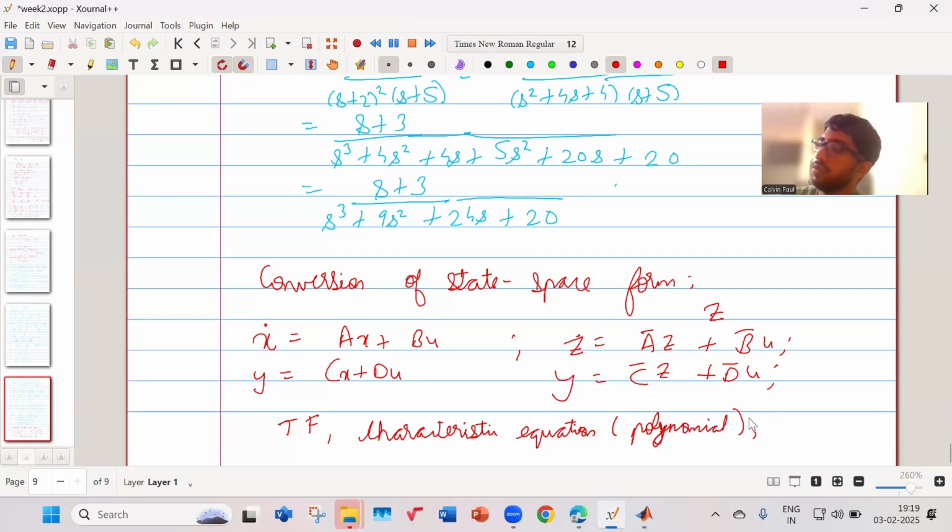They have the same poles. Okay. But then how do I convert A into A bar? There should be some method.